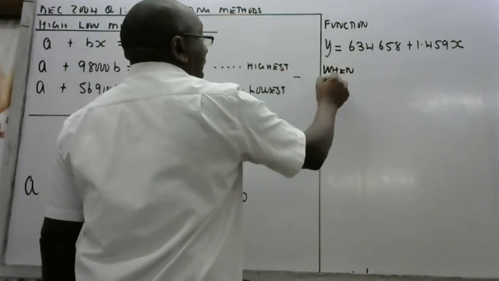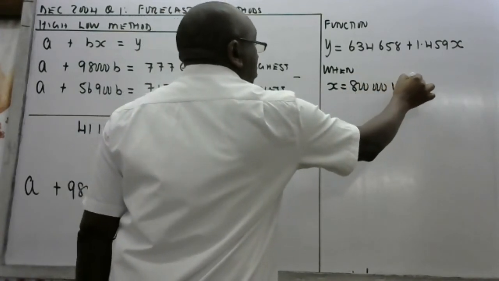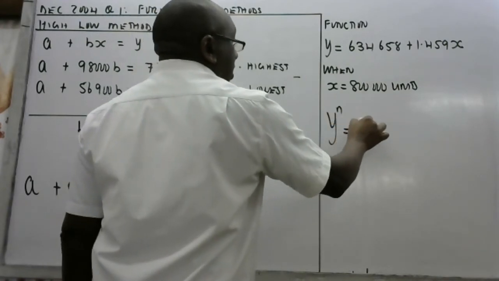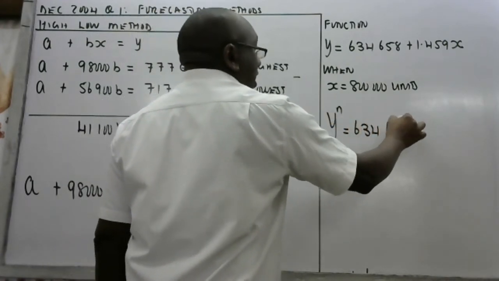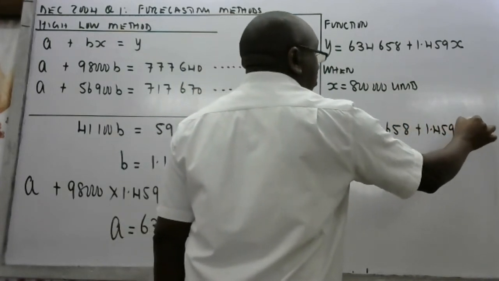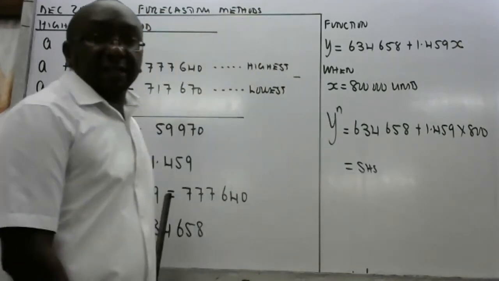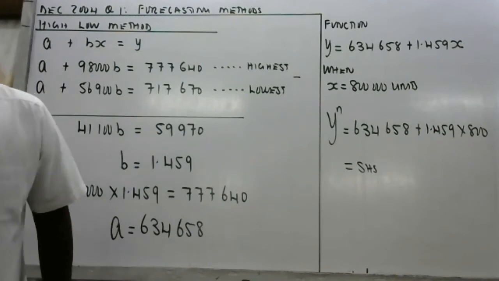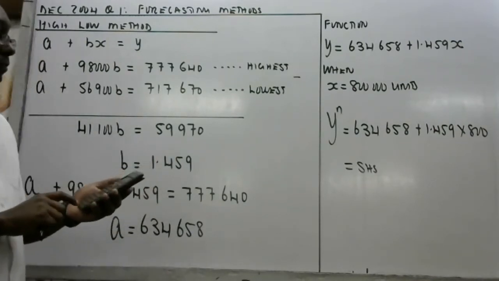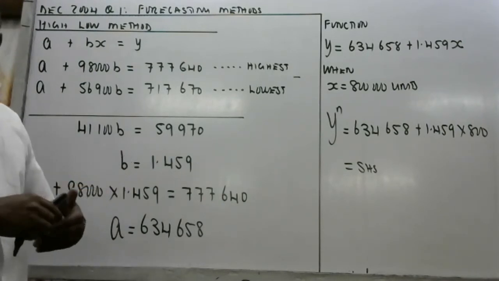So when x is 800,000 units, y predicted should be 634,658 plus 1.459 times 800. Remember the equation is in thousands. Send me the answer.